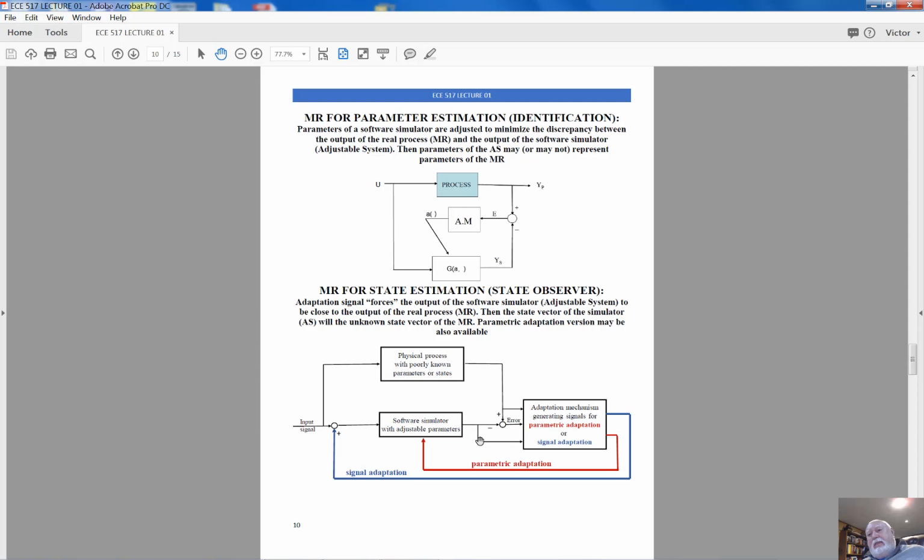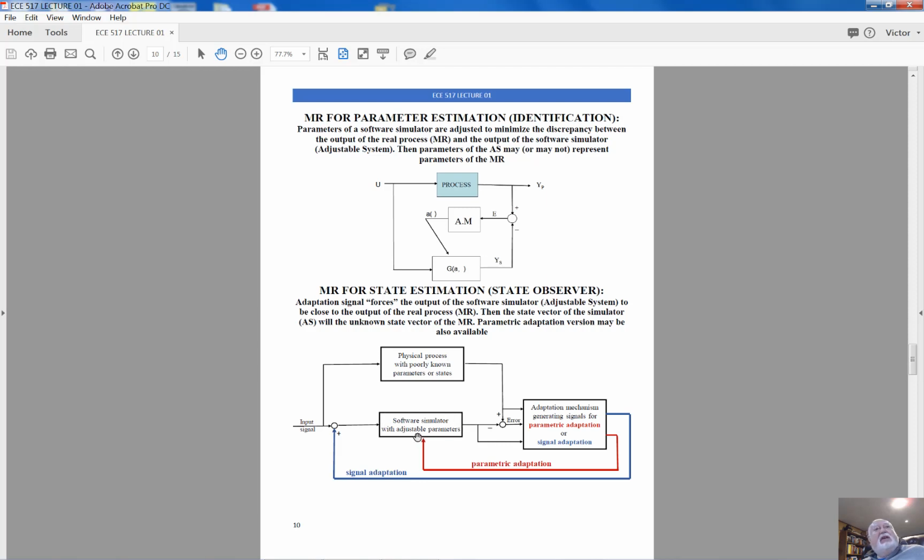Now, we compare the response of the physical process with the response of the simulator. We extract the error, and then we have the adaptation mechanism. This adaptation mechanism will convert the error and some additional information into parameter change for this simulator.